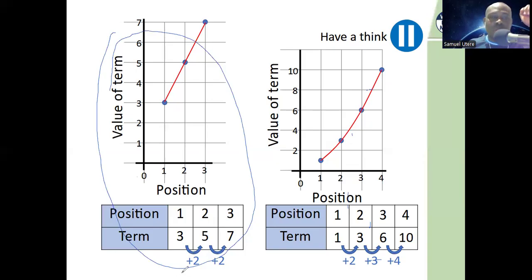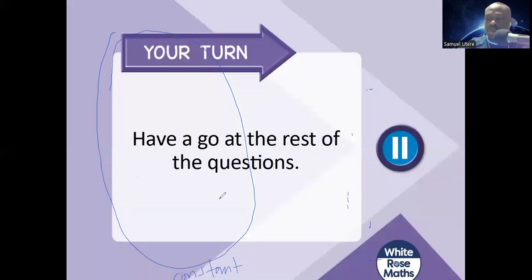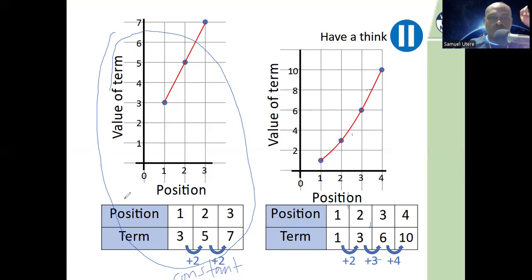This here is called constant difference. Constant difference. Let me just write it here. I want you to have that word really fixed in your mind. When the sequence is changing by the same amount every time, well, let's use the correct word now.